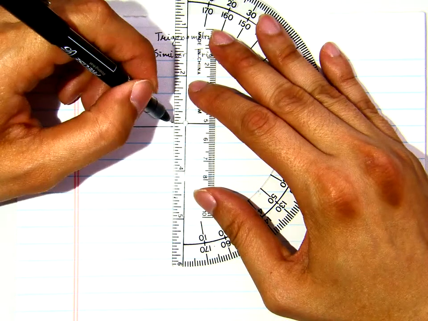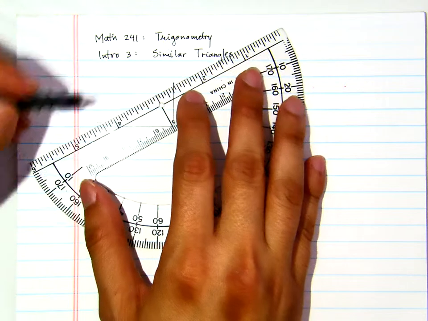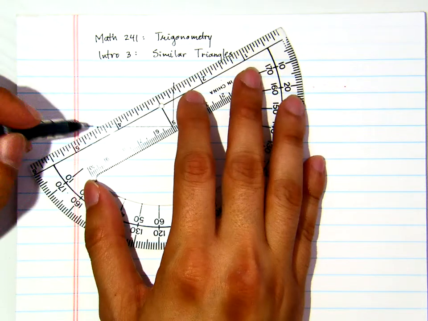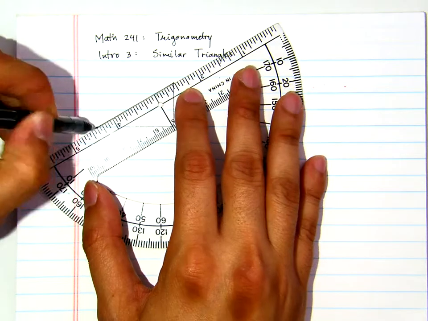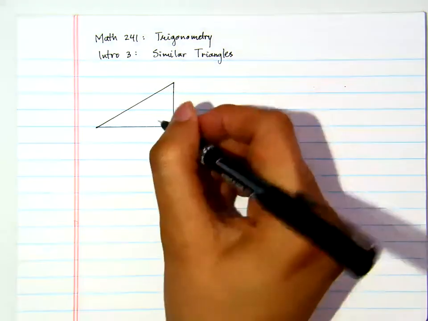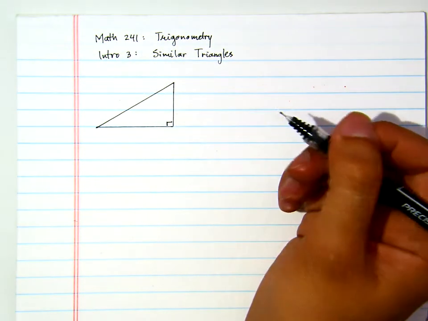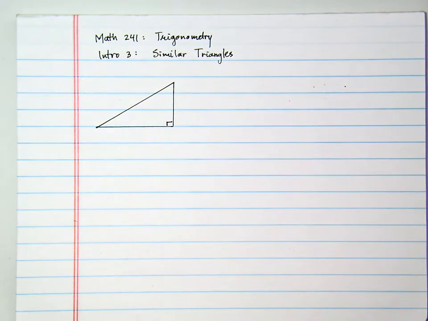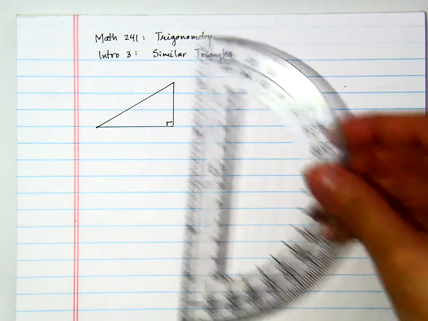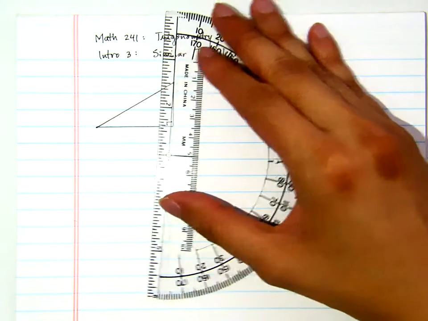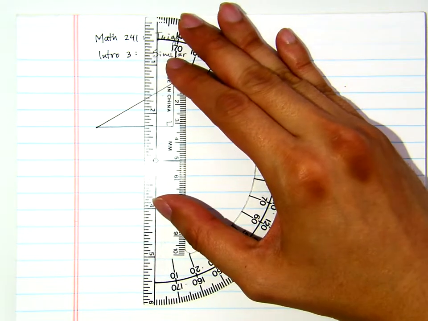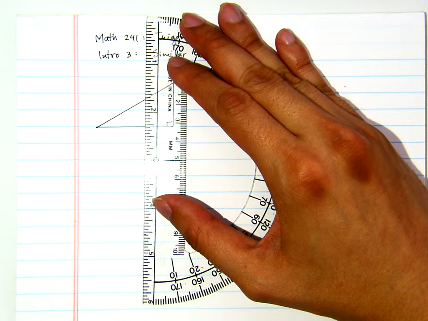Now, suppose I have a right triangle as the following. Let's say this is my right triangle here. Then suppose I draw a line parallel to the vertical side.